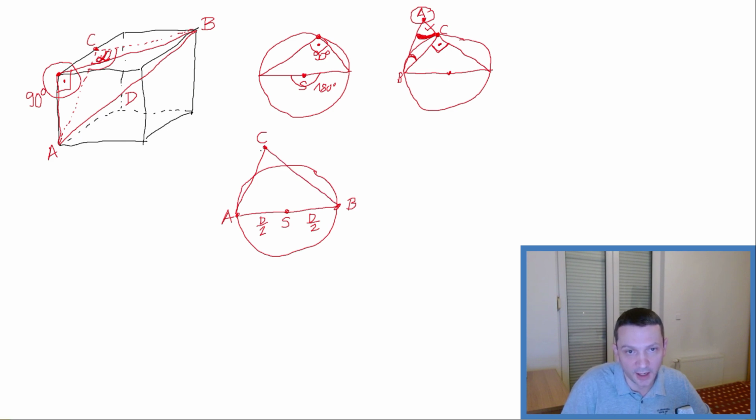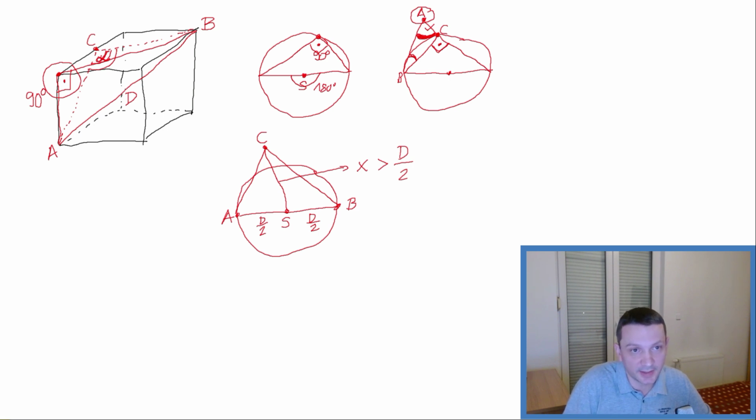And what we get here is that the distance from S to C, let me call it x, is actually greater than the radius of this circle, or actually greater than d over 2. And that is not possible.